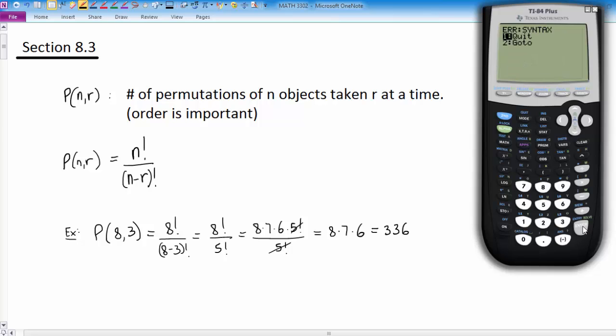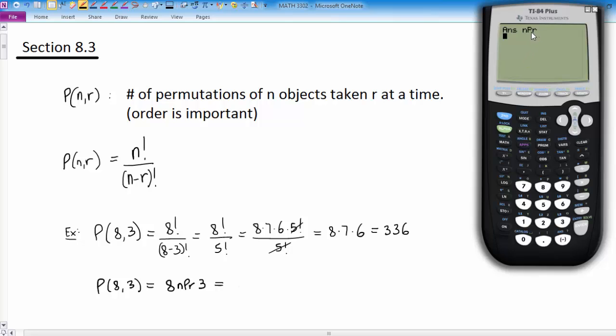Now, the calculator has a different syntax. So here you have to put the number n first, then the function nPr, and then you put r. So it will work like this: 8, and then nPr, and 3.